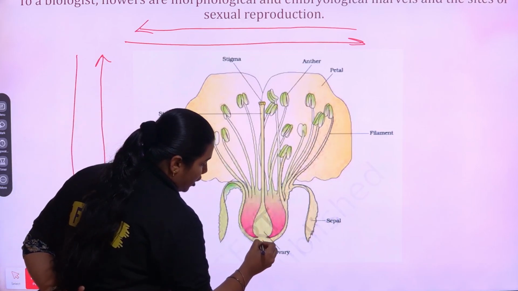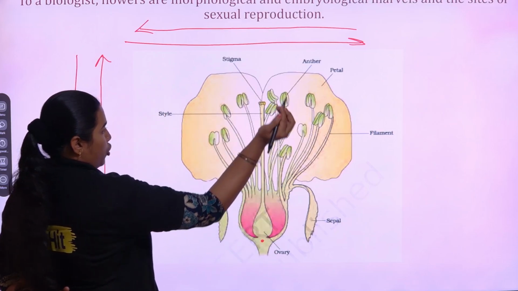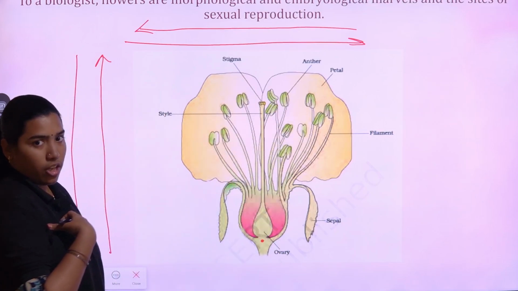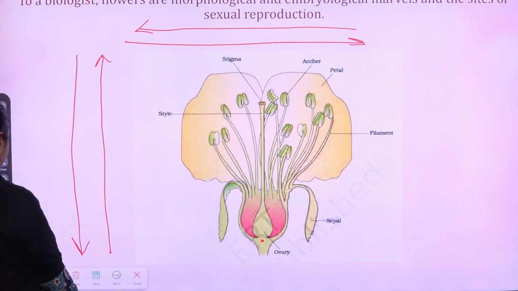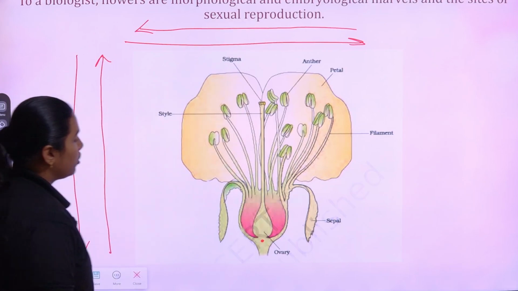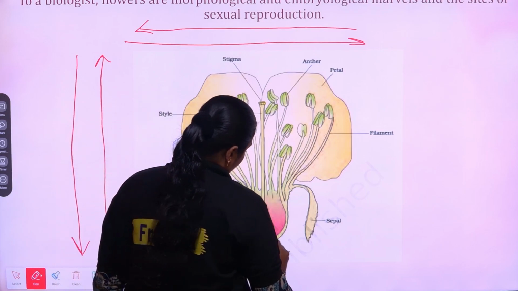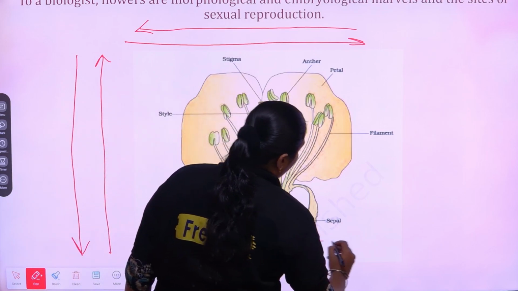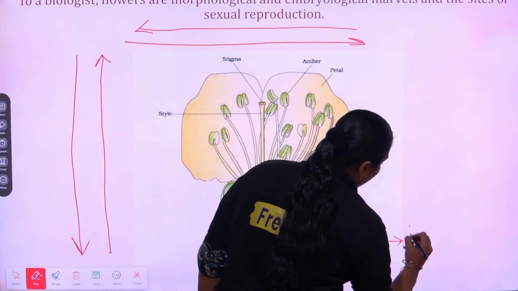The point of attachment. This is the point from where everything emerges. So I choose to study from bottom to top. First, let me do this. The bottommost portion where everything starts, I call the thalamus.